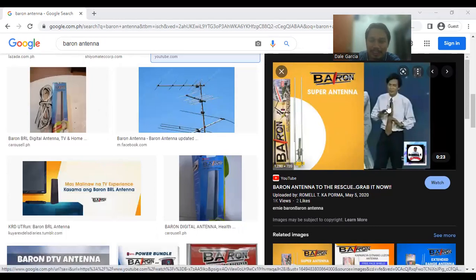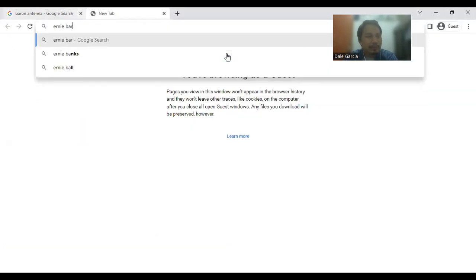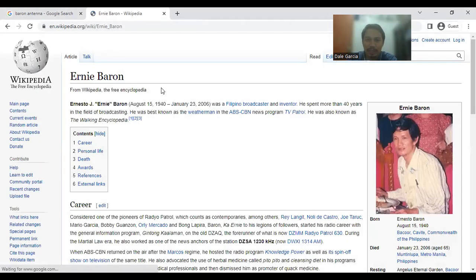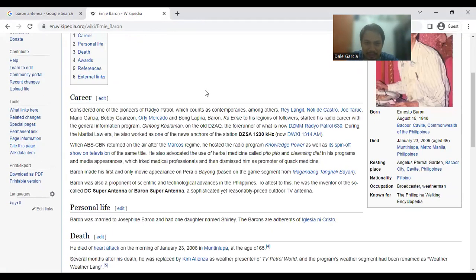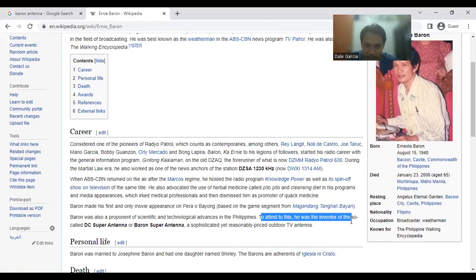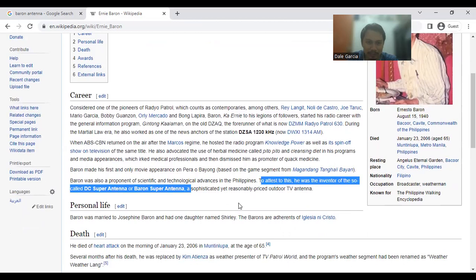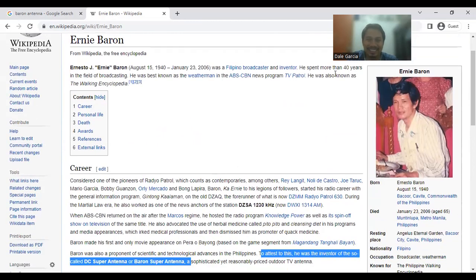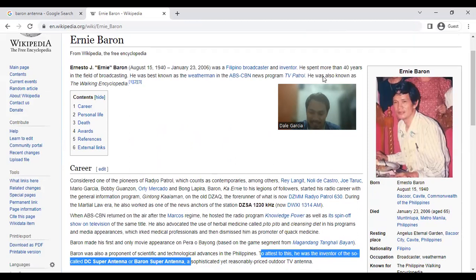Ernie Baron, right. He was a broadcaster or newscaster at ABS. He was a Filipino broadcaster and inventor. I'm not sure if he really invented it. He was the inventor of the so-called Baron super antenna. Or it was just named after him. I'm not sure in this class, but it doesn't matter. I don't think he invented it, because the technology already existed. He just tweaked it a little.